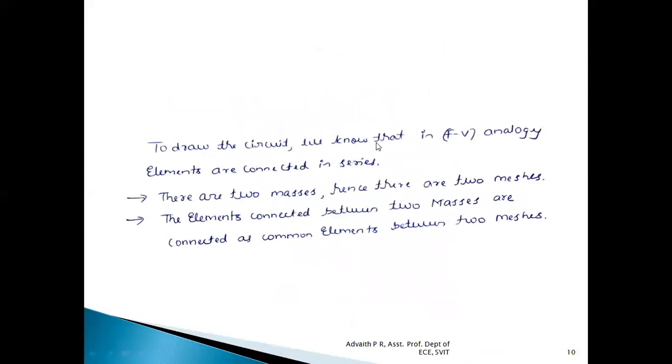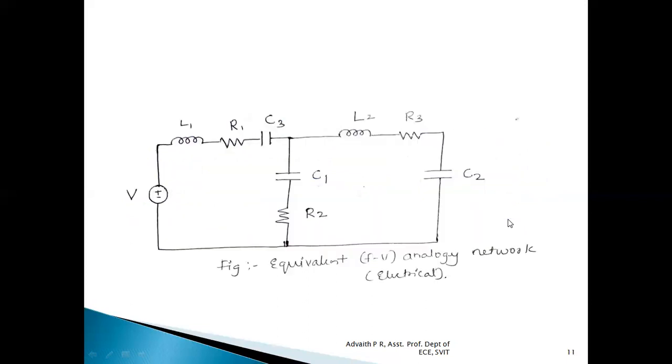To draw the circuit, we already know that in FV analogy, elements are connected in series. I already told you the explanation why it is that. There are two masses in our problem, hence there are two meshes. The elements connected between the two masses are connected as common elements between the two meshes. The circuit looks somewhat similar to this. L1, R1, C3 are the elements which are completely under the influence of mesh M1.